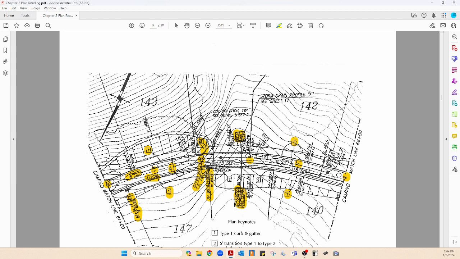Now look at the number 2. It points to the center line. Boy, these things get hard to find. See, here's a number 2 right here, but I don't think that's the one they're talking about. Now, I could be wrong. Let me see. We know where the center line is.